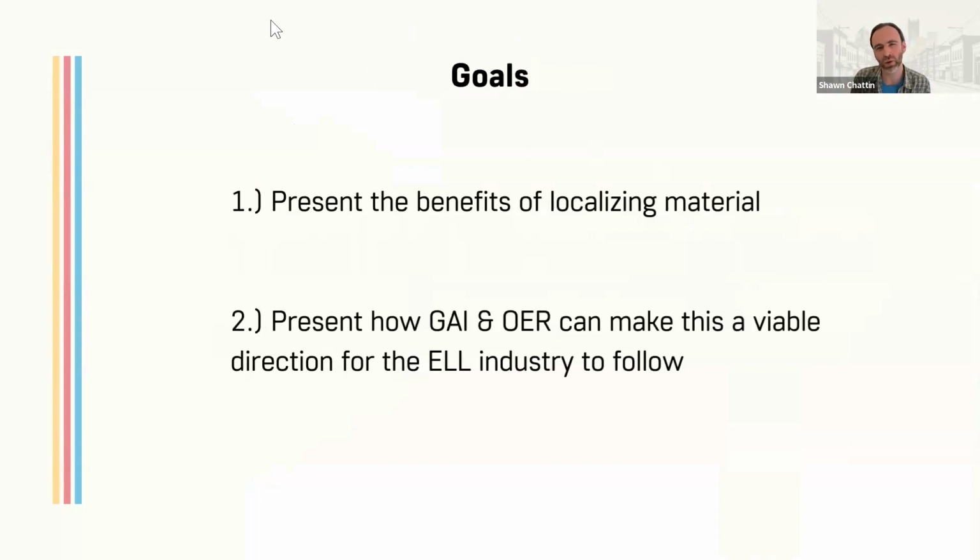The two main goals are to show the benefits of localizing material, and secondly, to present how GAI, generative artificial intelligence, and OER, open educational resources, work together to make this a viable direction for the ELL industry to follow, especially in the nonprofit sector.